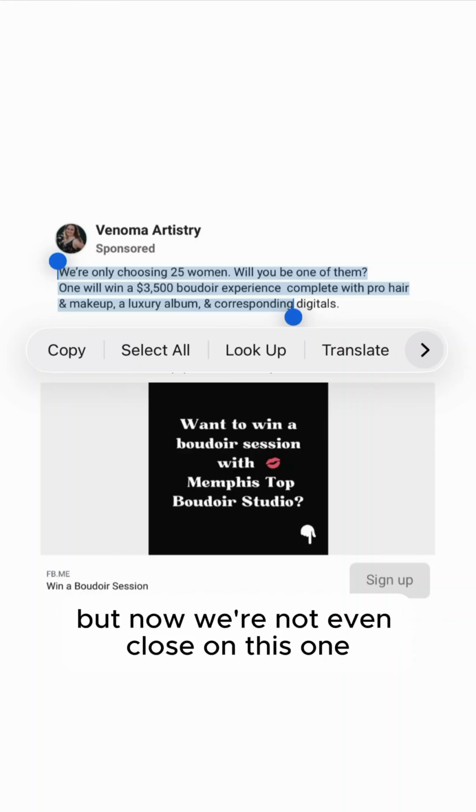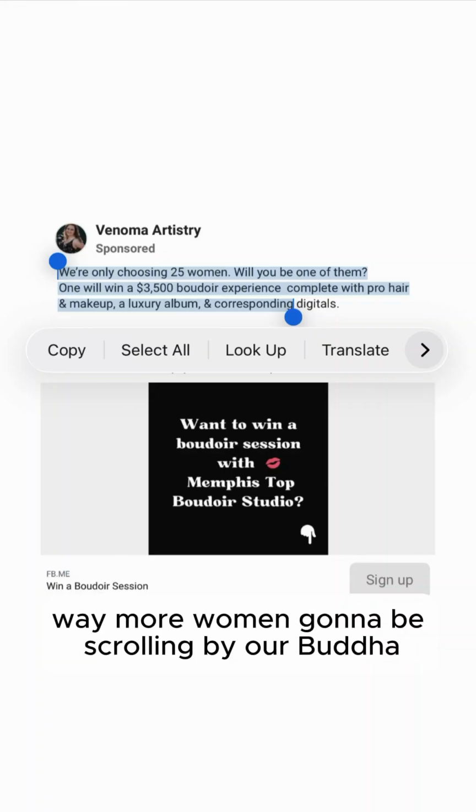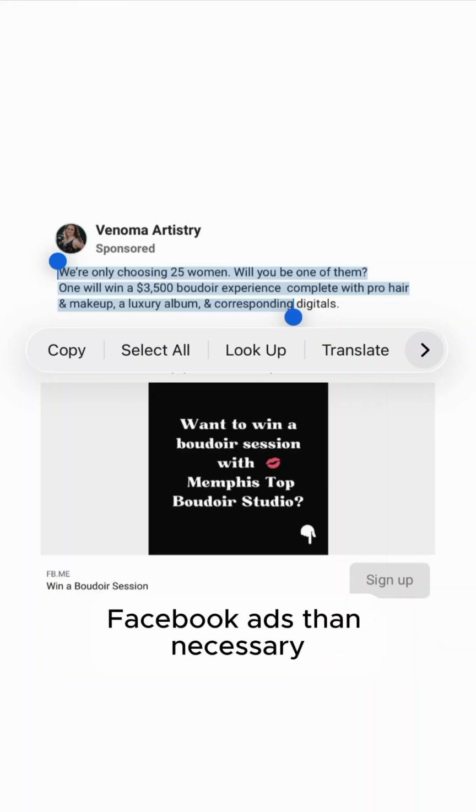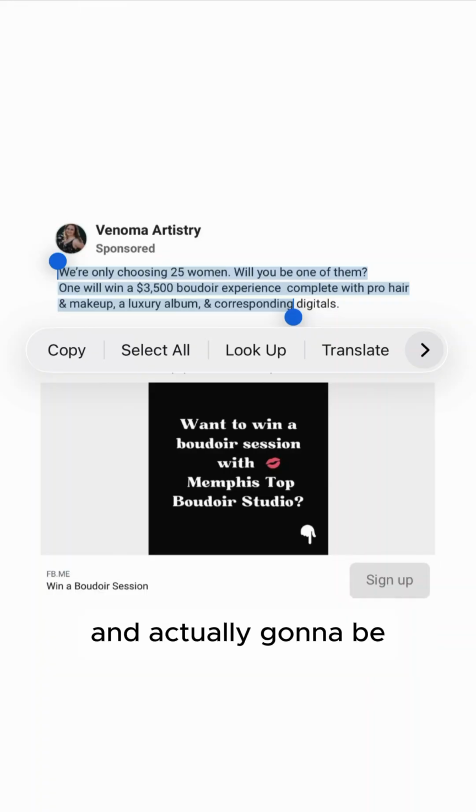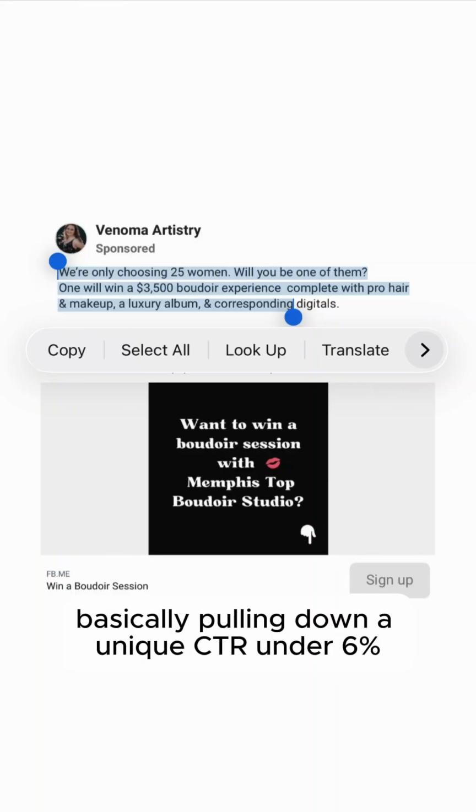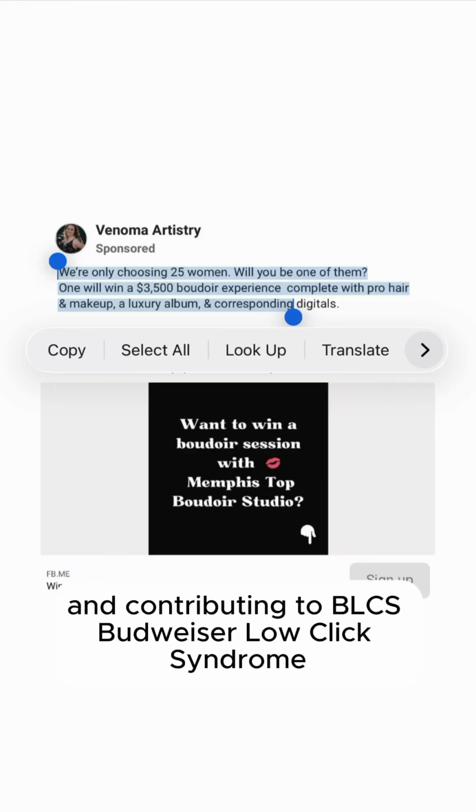But we're not even close on this one. So the consequence is way more women are going to be scrolling by our boudoir Facebook ads than necessary, basically pulling down our unique CTR under 6% and contributing to BLCS, boudoir low-click syndrome.